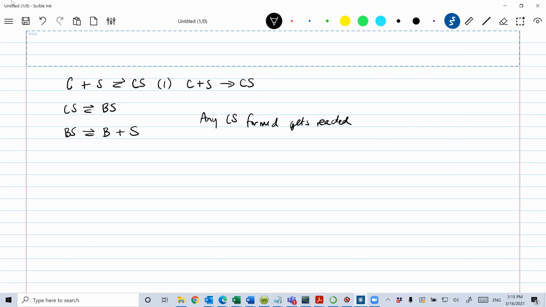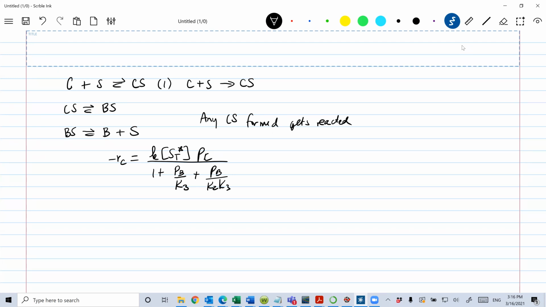If you calculate the rate based on the adsorption being rate limiting, you will find this. It will give you this as the answer.